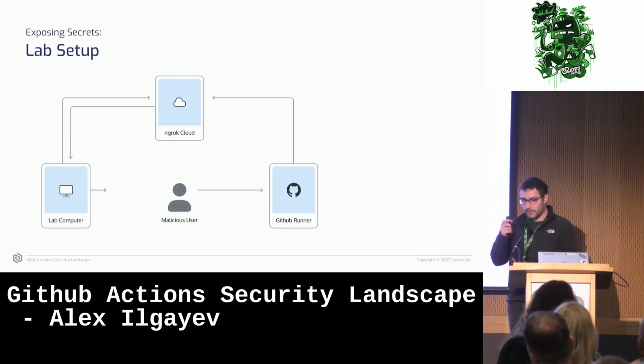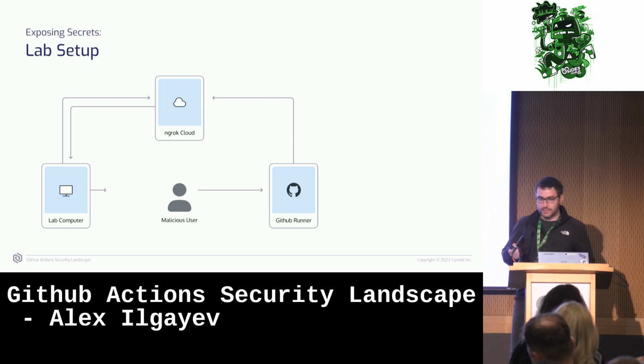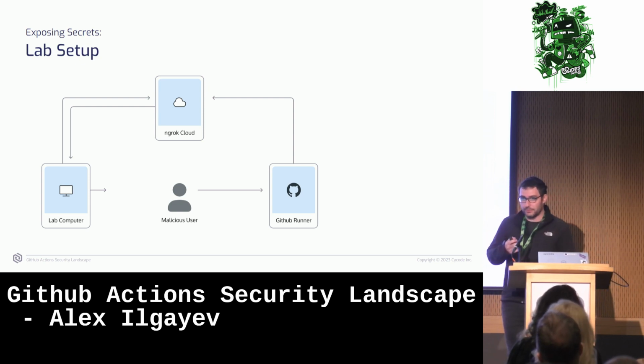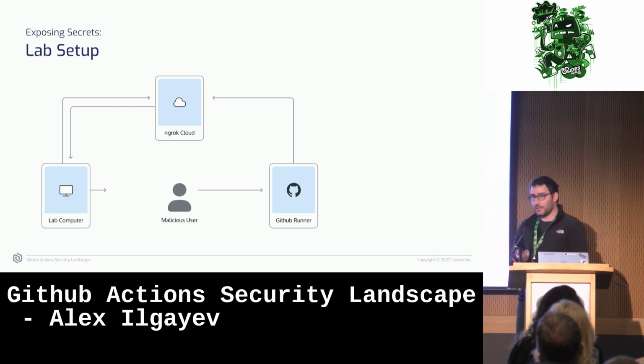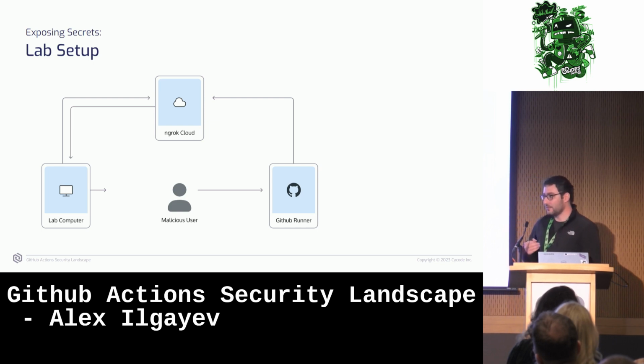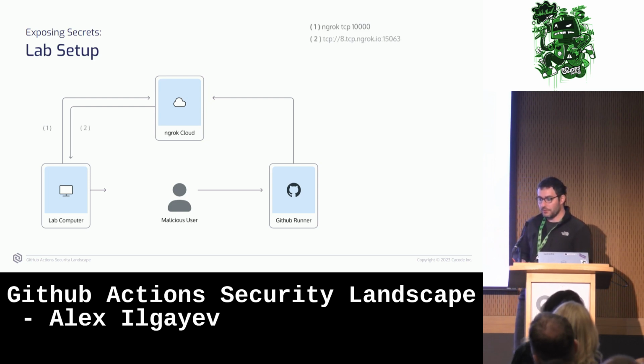So to understand how I'm able to execute all this malicious behavior, I created a simple lab environment using the popular ngrok tool, very recommended, especially to pen testers. It allows you to create a TCP or HTTP tunnel back to your computer. So I created this ngrok endpoint.